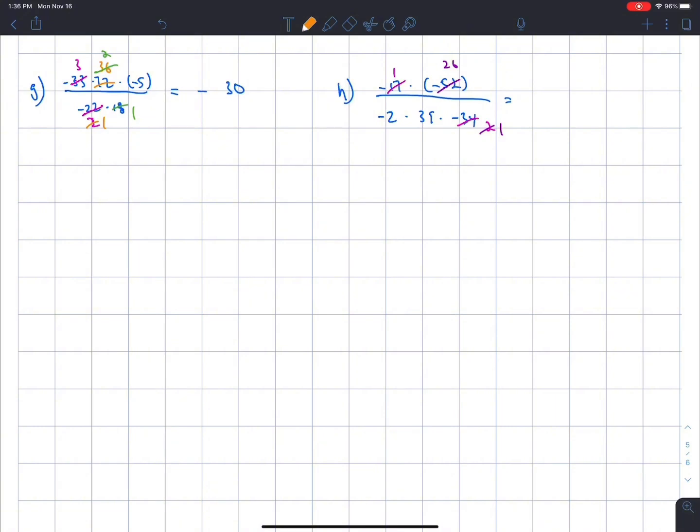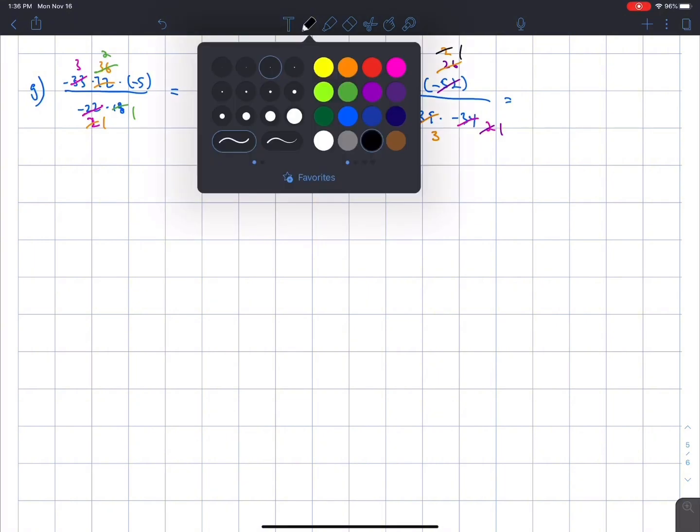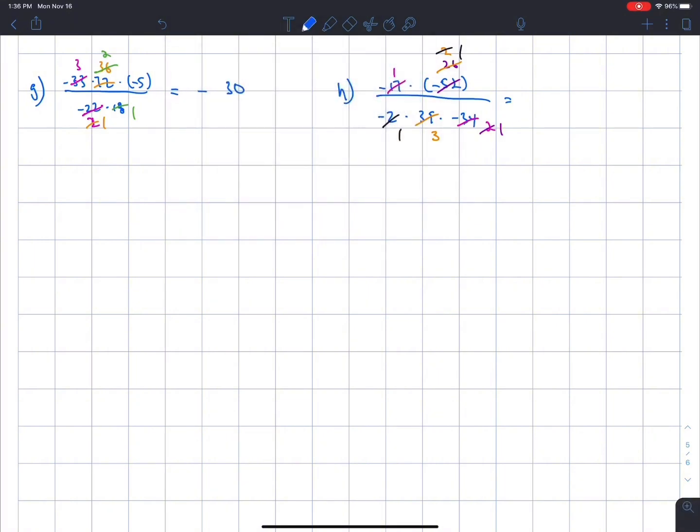We can divide 26 by 13 to get 2, 39 by 13 to get 3. And we can also cross out the 2's at the top and the bottom, this 2 and this 2. And that's it. We have nothing left to simplify. In total, we have 4 negatives, so our answer will just be positive. The numerator is just 1, denominator is 3.